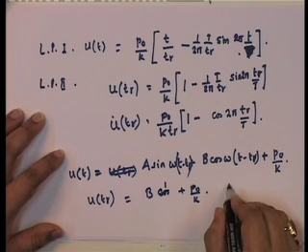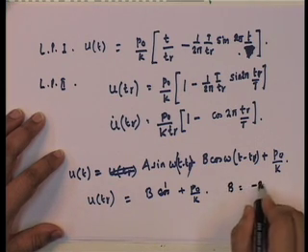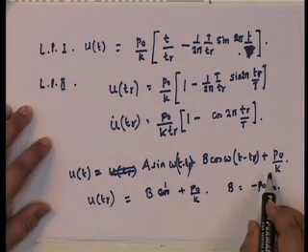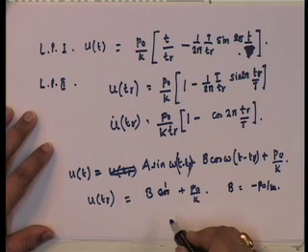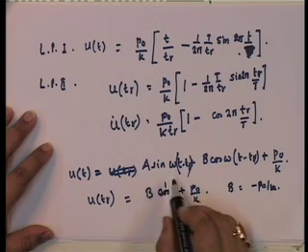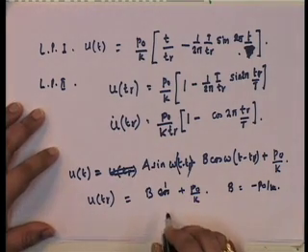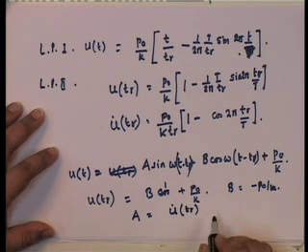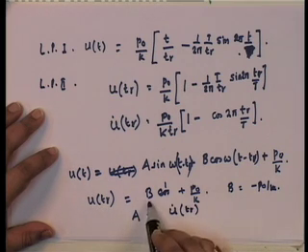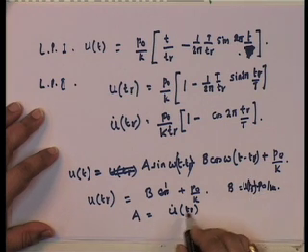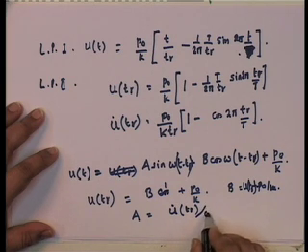So, your b is equal to minus p naught by k, and what you have is, if you look at differentiation, this becomes sine, this disappears. So, this one becomes what? A is equal to u dot. So, A is equal to u dot(t_r), I am sorry, B becomes u(t_r) minus p naught upon k, and this becomes u(t_r) upon omega.